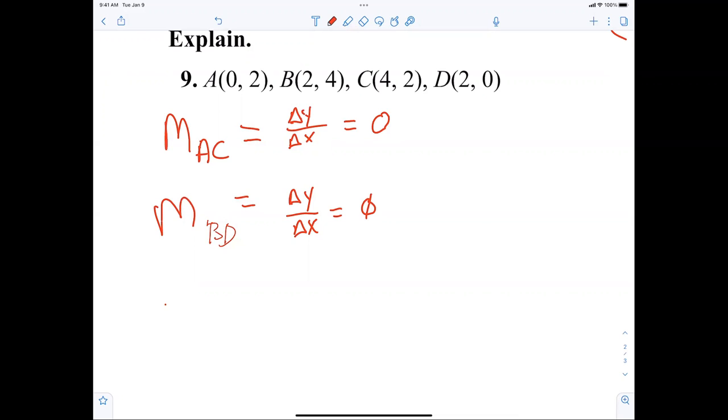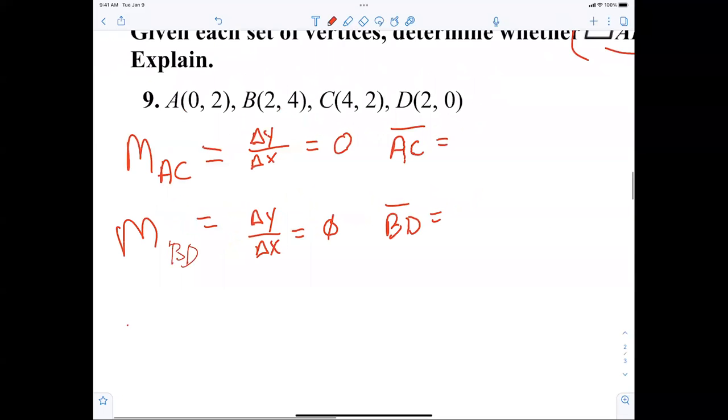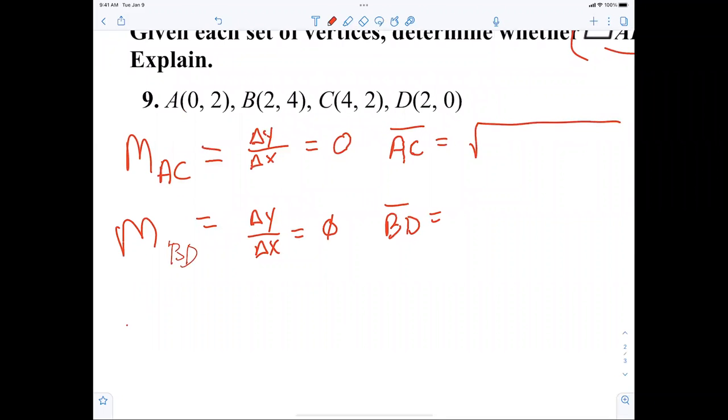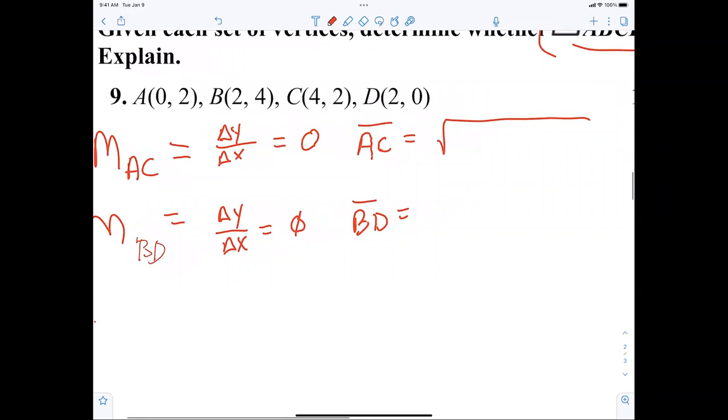So now we need the length of AC, and I need the length of BD. So what's the distance formula? What's the formula?